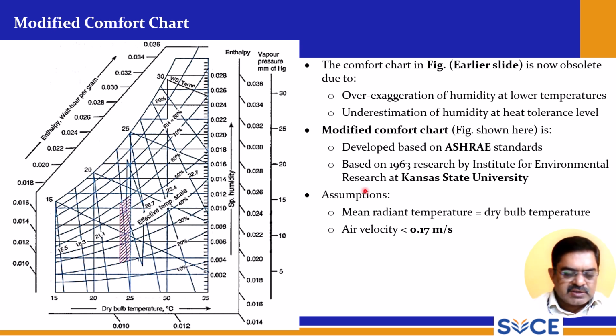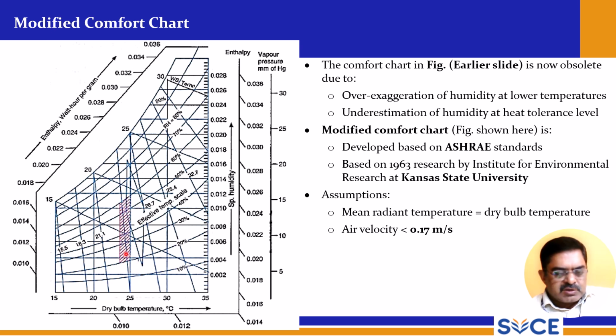Here you can see specific humidity, enthalpy and vapor pressure are considered. So this is almost like a psychrometric chart, and the comfort zone is drawn within the range of all these values.